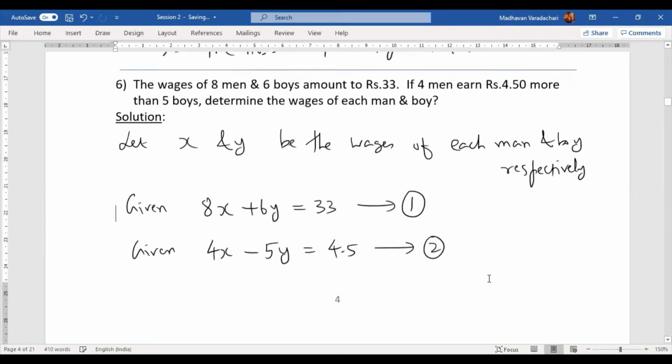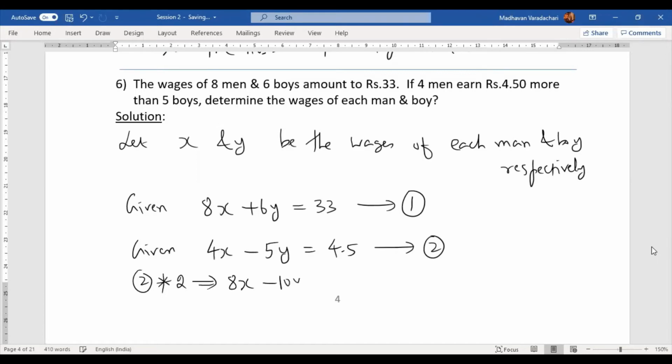Now I can identify this coefficient and this coefficient. If I multiply this entire equation by 2, this will become 8, so that I can subtract it to eliminate x, right? So second equation multiplied by 2, because 4 2s are 8. So here it becomes 8x minus 10y is equal to 4.5 into 2 is 9.